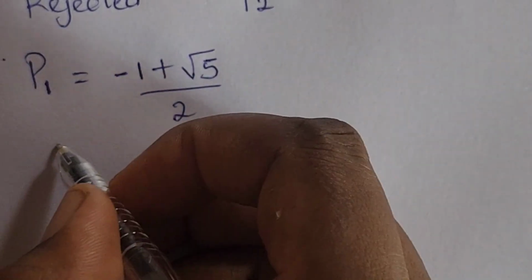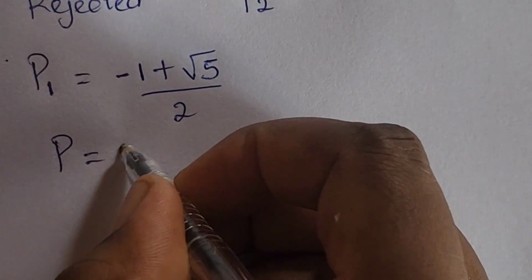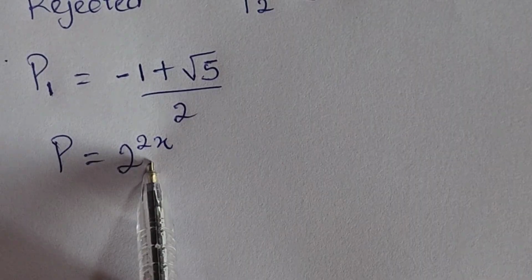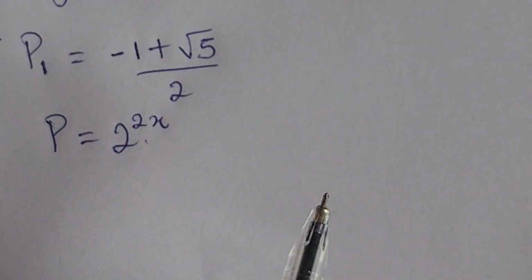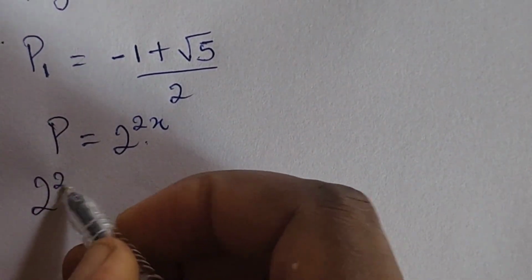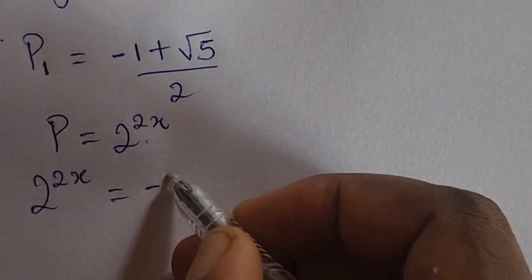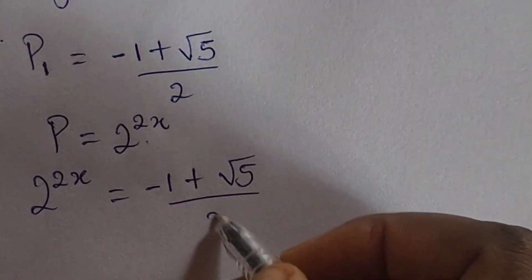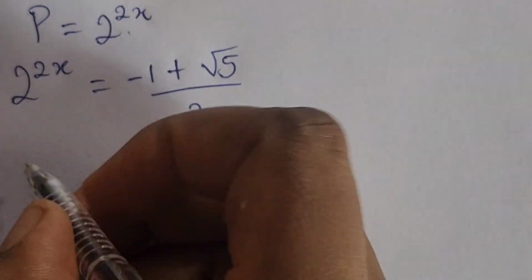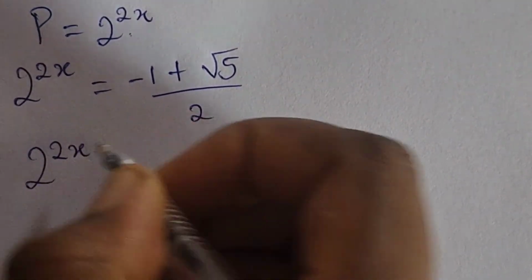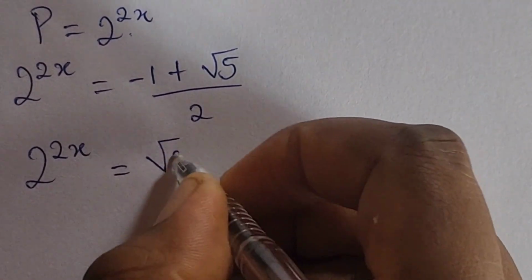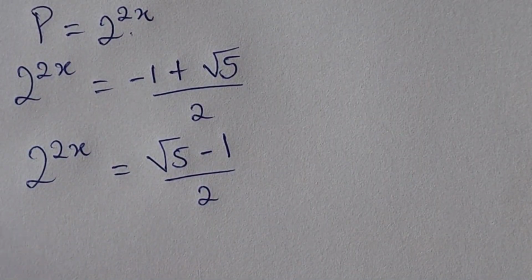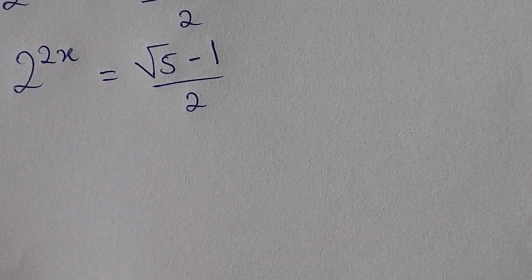So if P is equal to 2 to the power of 2x, we can now say that 2 to the power of 2x is equal to minus 1 plus root 5 over 2. So this simply means that 2 to the power of 2x is equal to root 5 minus 1 over 2. So we are going to take log of both sides.